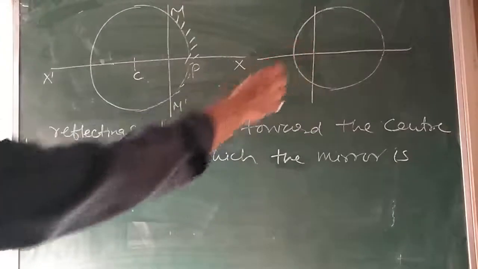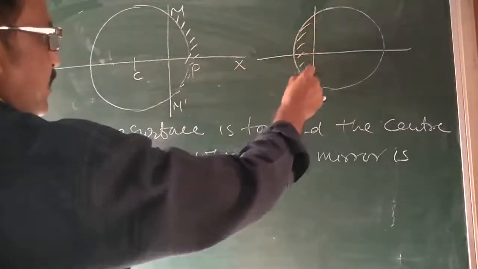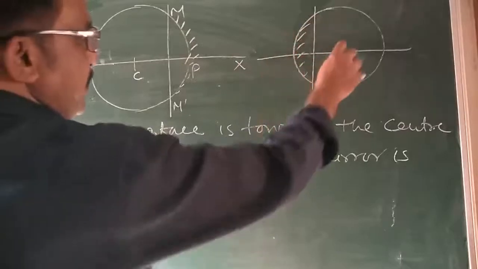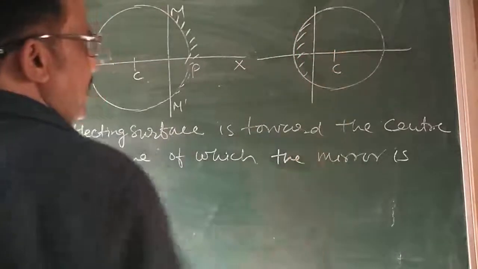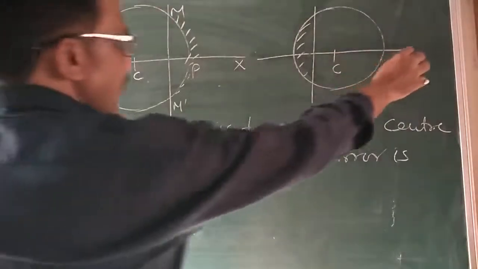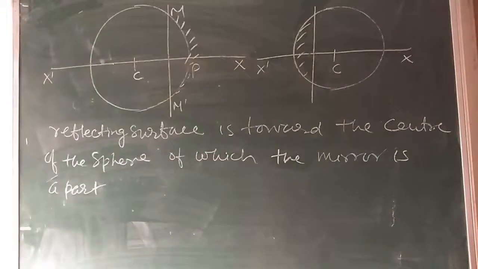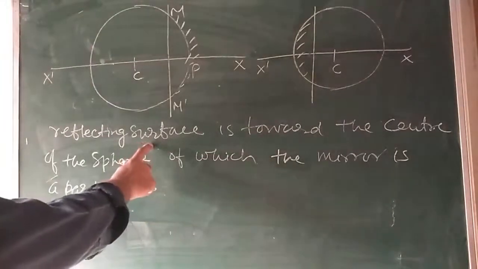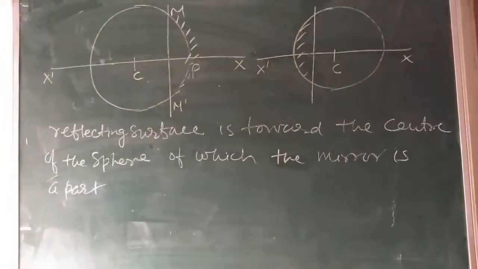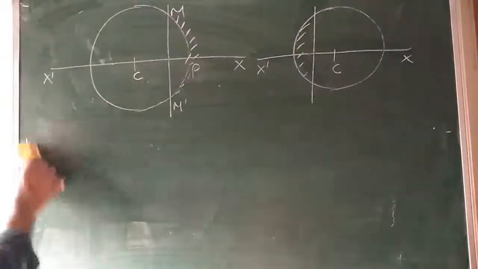And it is painted in this manner, whose reflecting surface is away from the center. It is the center. Here the line x dash is called the principal axis. So this is the definition for a concave mirror, and for a convex mirror you can see in this figure.